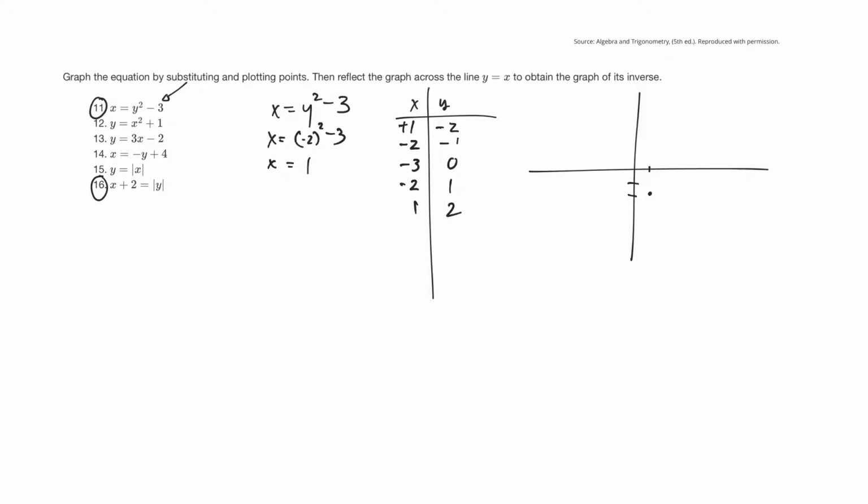And -2, -1, -3 and 0, -2 and +1, 1 and 2. Did I put a 0? I didn't. Well, I see what I was doing. When I plug in a y value, I keep mixing up what the x values are, thinking I'm plugging an x in. Anyway, I think that we're all good there.